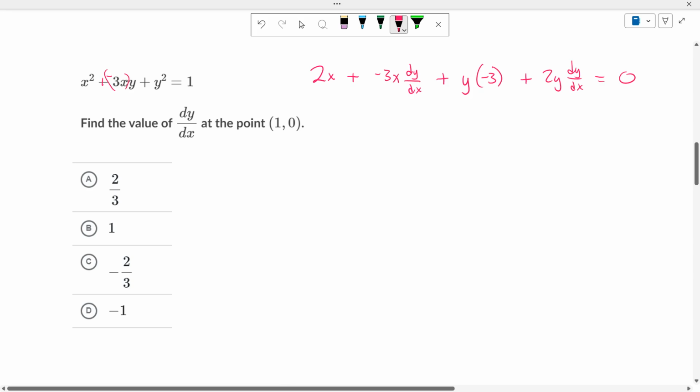Okay, so you have negative 3x and then you have dy/dx. That's the first derivative of y, because the first derivative of y to the first power is 1 times y to the 0. Y to the 0 is 1. So 1 times 1 is 1 times dy/dx. All right. So then we'll get our dy/dx's together, the other stuff to the other side.